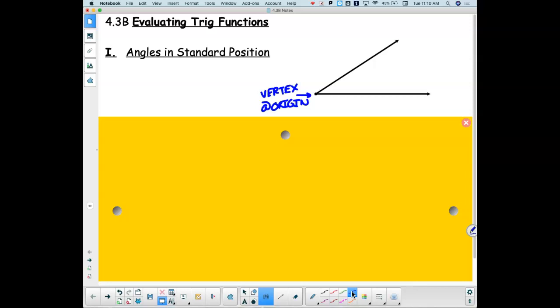So our vertex will be at the origin to start. The second condition is that the initial side, the horizontal side of this particular angle, is along the positive x-axis.